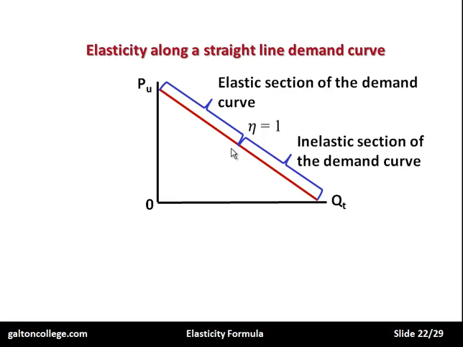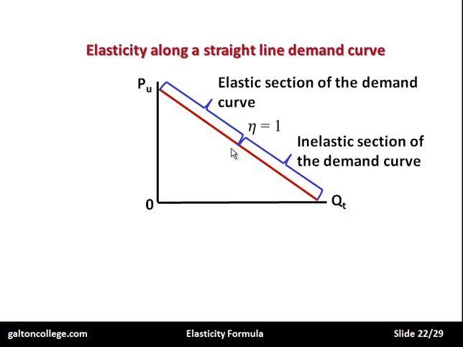Now, you're probably thinking, well, so what? Well, all of this does have a big impact on revenue, for example, for a company varying its prices to try and generate more revenue. When the elasticity is equal to 1, revenue is maximized. So there are relationships that we need to be aware of in the context of elasticity. But certainly, looking at a demand curve, we can't talk about its elasticity.